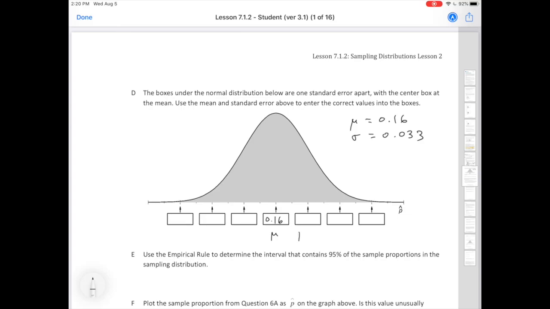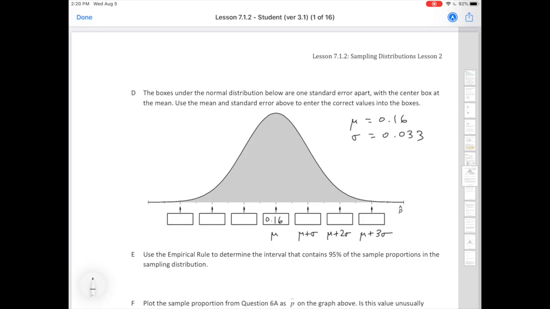If this is the mean, I get the next one by doing the mean plus 1 standard deviation, then the next by the mean plus 2 standard deviations, and then the next by the mean plus 3 standard deviations. So I'm going to use my calculator and keep adding 0.033. Again, please do it along with me. Let's do the one to the right.